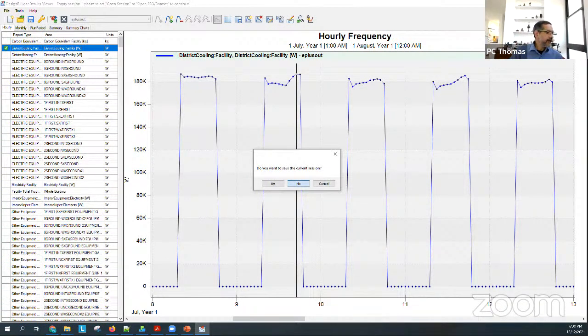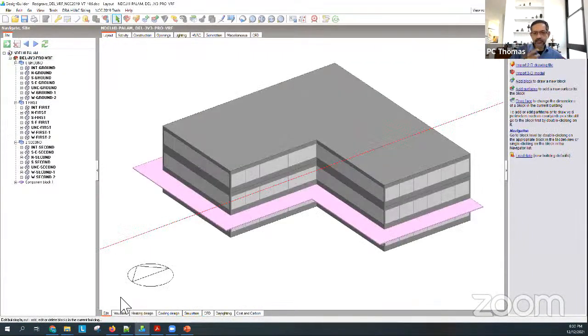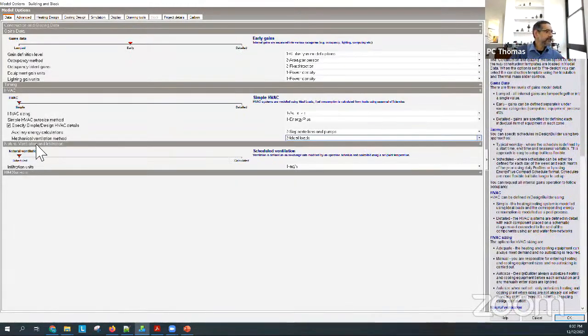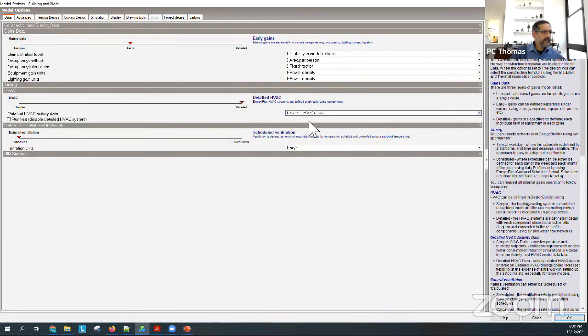So what do we do then? I'm going to turn on detailed air conditioning now. If I go to this spanner here and switch air conditioning from simple to detailed, I'm going to leave this as simple HVAC data, and that's what I encourage you to do as well.